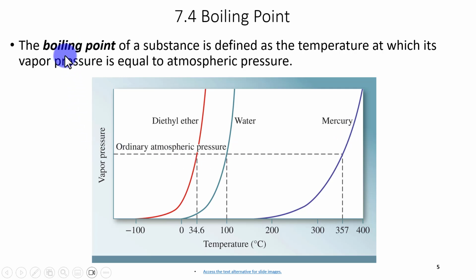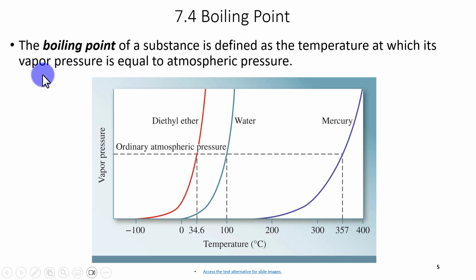The relationship between boiling point and intermolecular forces is that the higher the intermolecular force, the higher the boiling point. Note that it is the opposite of vapor pressure. The higher the intermolecular force, the lower the vapor pressure, the higher the boiling point.